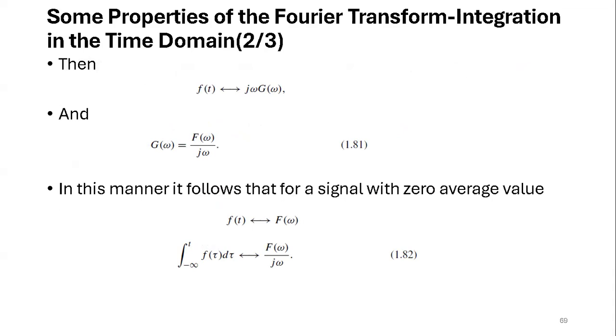This shows that for a signal with zero average value, f(t) implies F(omega), and the integral from minus infinity to t of f(tau) d tau implies F(omega)/(j omega).